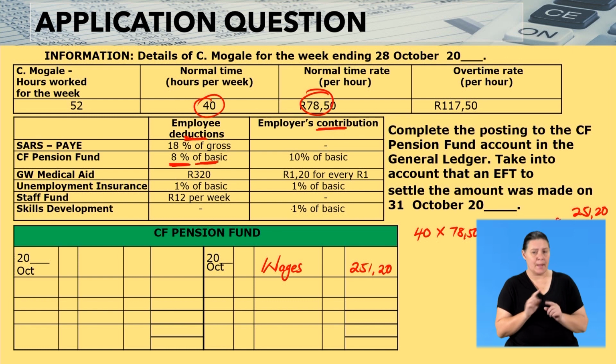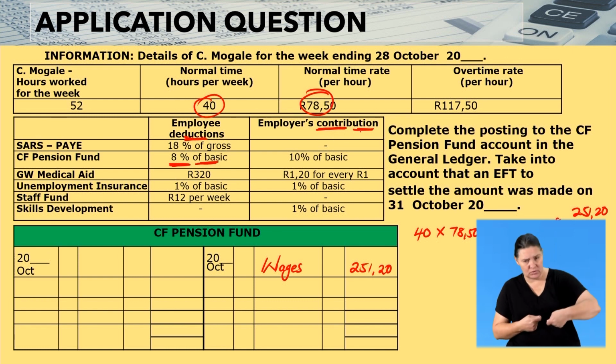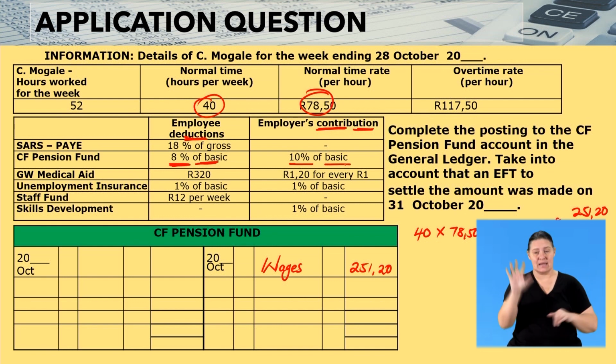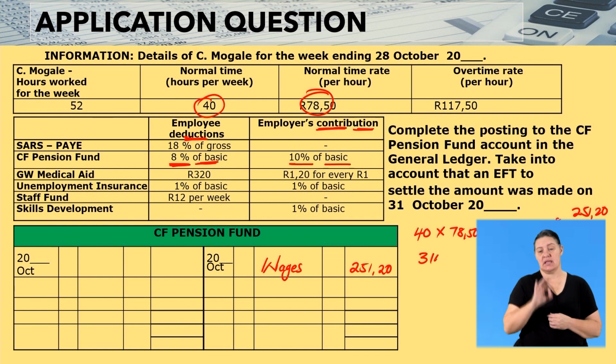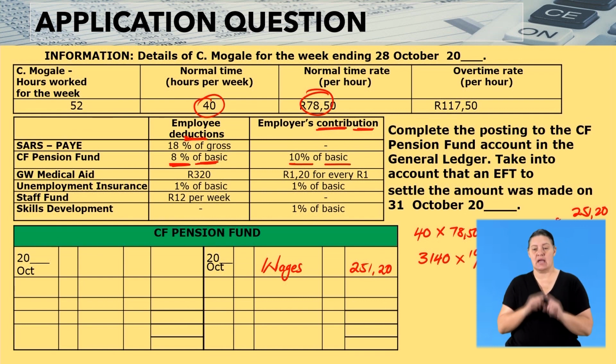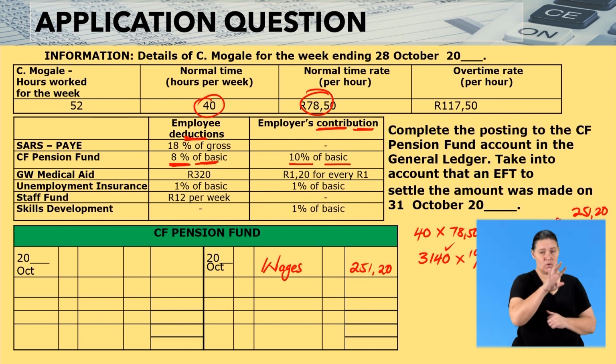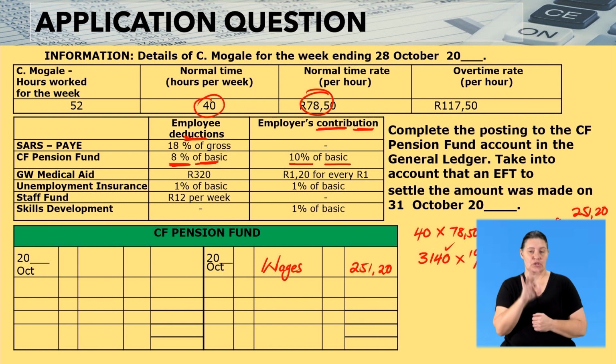But we also have pension fund contribution, and they say the pension fund contribution is 10% of the basic. How much is my basic? We have it, 3,140, and I need 10% of that. Please punch that in your calculators. How much do you get? If you say 3,140 multiplied by 10%, it gives you 314.